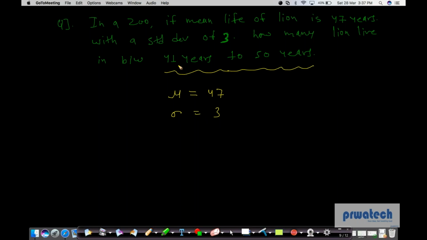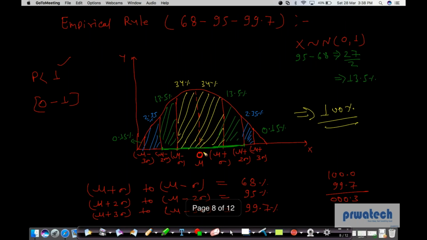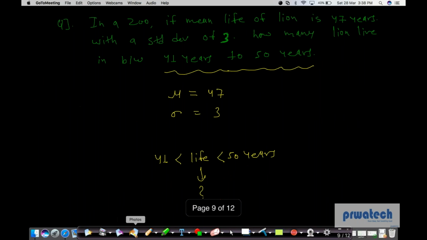So can you tell me the life of lions between 41 years to 50 years? Can anyone calculate this? Or tell me the approach at least. You know this percentage, you know the mean, you know the total area also, 34%, 34%, which is 68 aggregated, 95, 99.7. I'll give 2 minutes. If you're able to solve, it's good. If not, I'll explain.